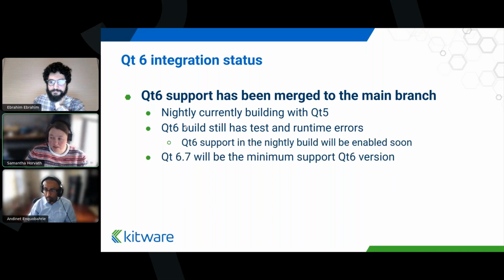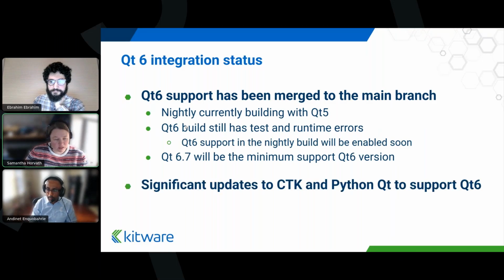And Qt 6.7 will be the minimum supported Qt version. And this work has required significant updates to CTK and PythonQt to support the Qt6 transition. So the Qt6 transition is important because it is necessary to keep Slicer building with modern compilers, since Qt is such a big part of the build system.